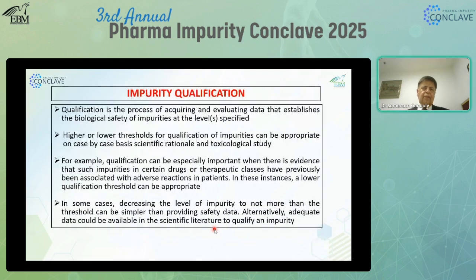Okay. Now, impurity qualification. Impurity qualification is a very important thing. Qualification is the process of acquiring and evaluating data that establishes the biological safety of the impurity. And higher or lower thresholds for qualification can be appropriate on a case-by-case basis. And scientific, rational, and toxicological study data are very important.